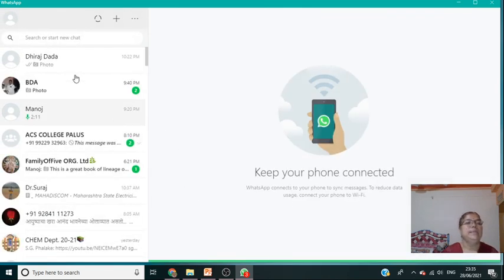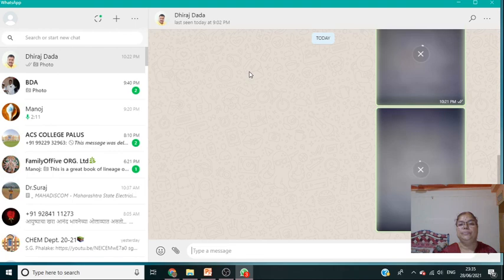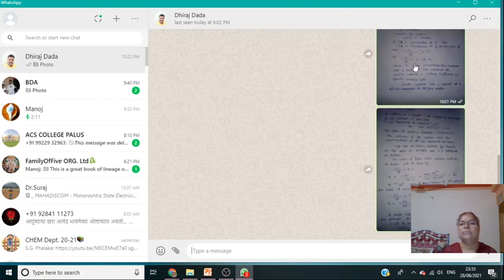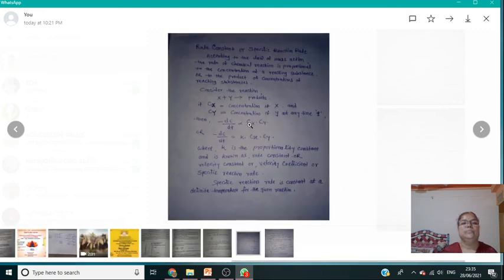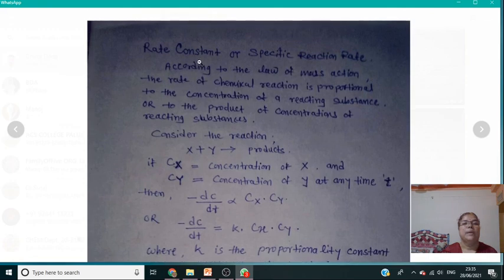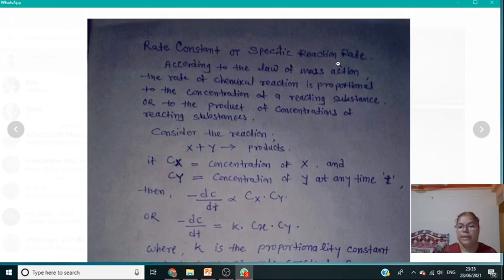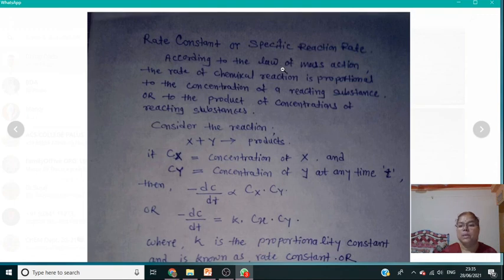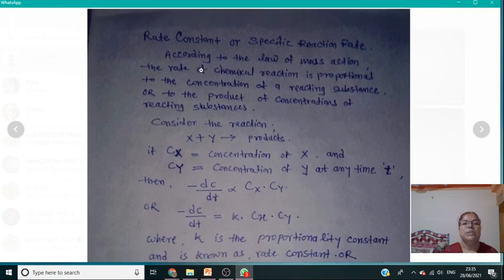We will see in detail what the specific rate is, its dimension, and the units. See here the rate constant or specific reaction rate.